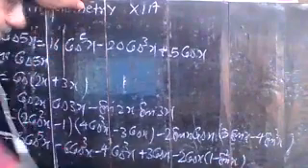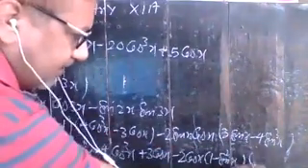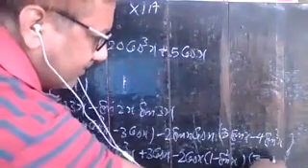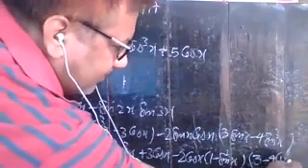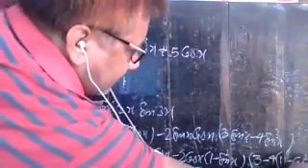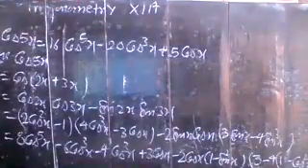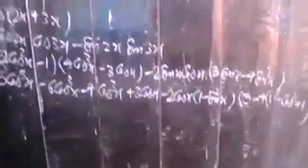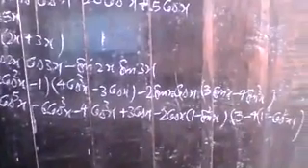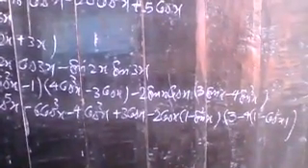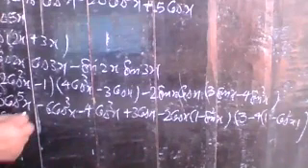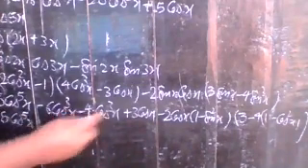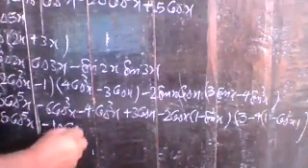You write in this way, and within the bracket 3 minus 4 times sine square x, and sine square can be written as 1 minus cos square x. Change all the terms in terms of cos only. So just simplifying: 8 cos to the power 5x, and here you can write minus 10 cos cube x.